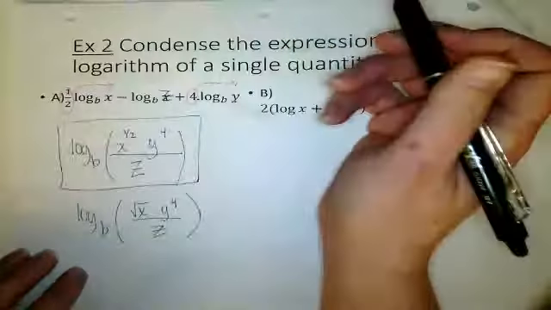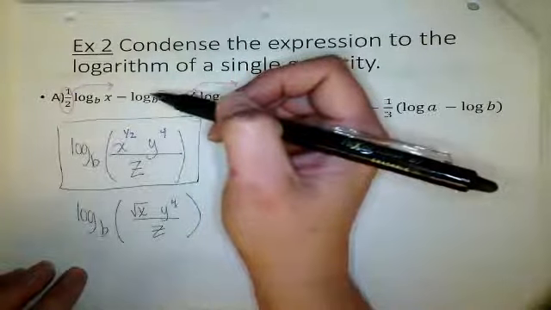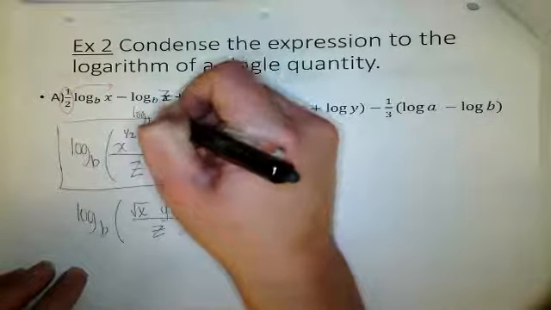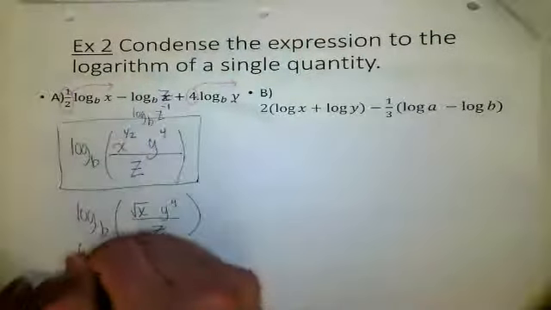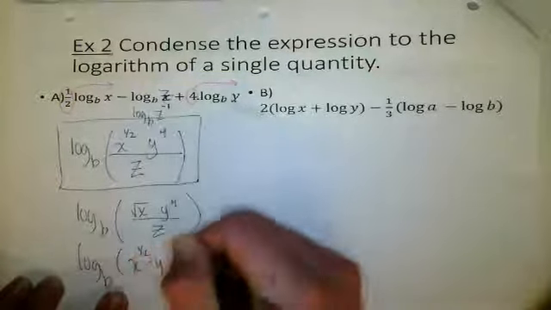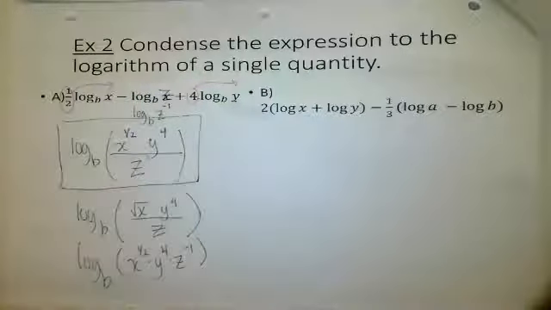Oh, I see what you're saying. So you're saying if you leave it x to the 1/2 times y to the fourth times z to the negative 1. Yes, that's also equivalent and also perfectly wonderful.